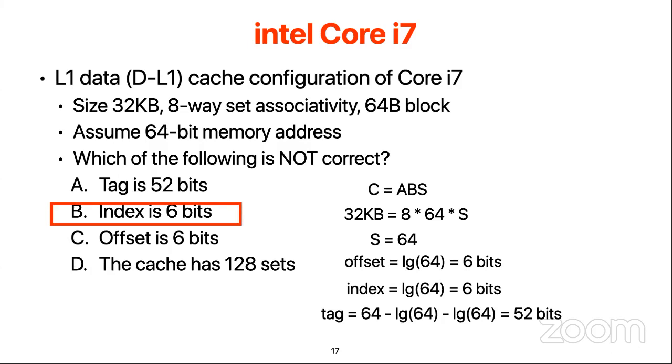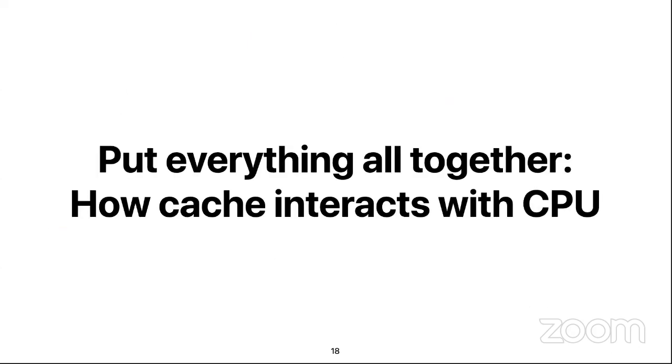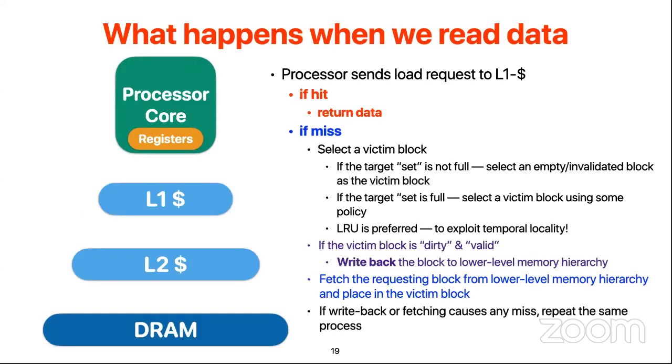So I believe most of you get it. Before I show you why we need to teach you C equals ABS, one more thing I have to tell you is how cache interacts with your CPU. We know we have multiple levels of memory hierarchy. I skip one level here; I assume we don't have L3 because most of the stuff is iterative.